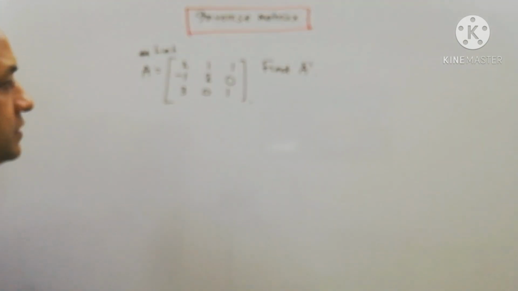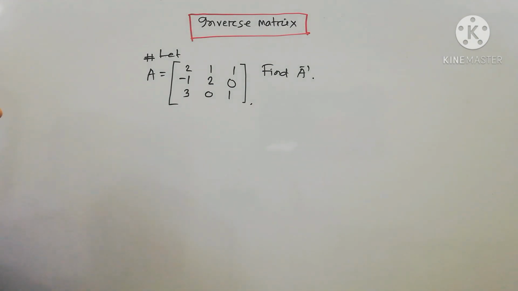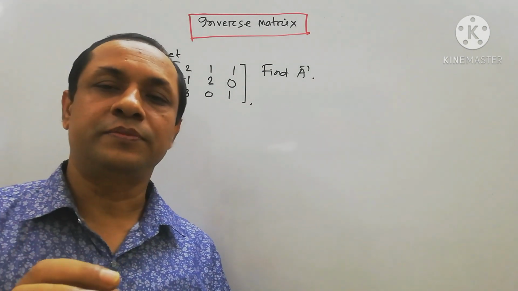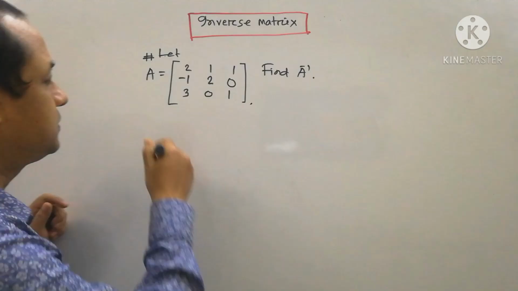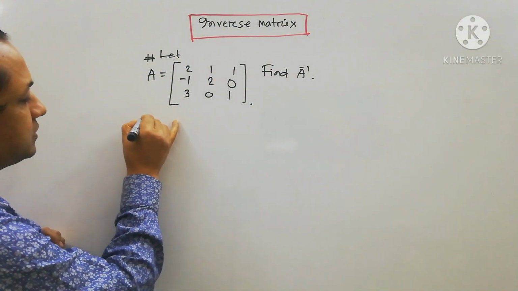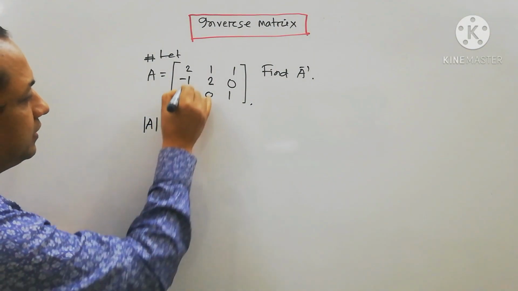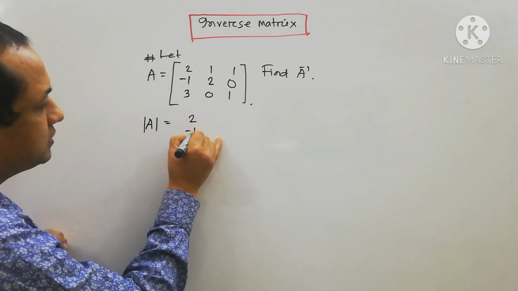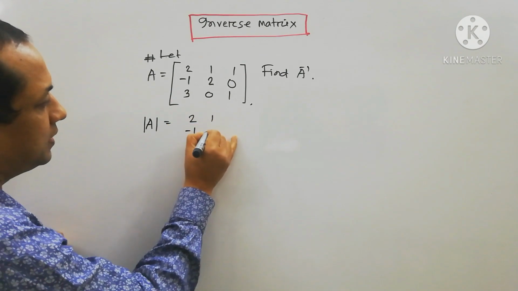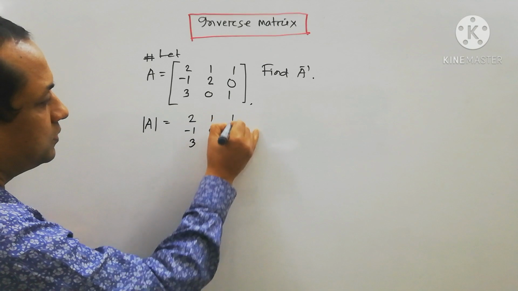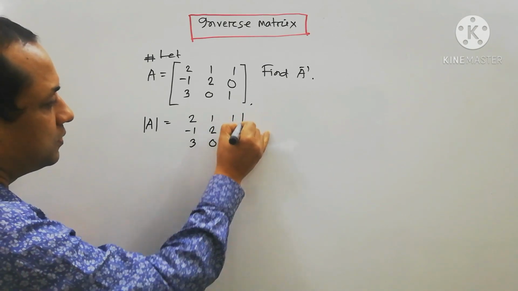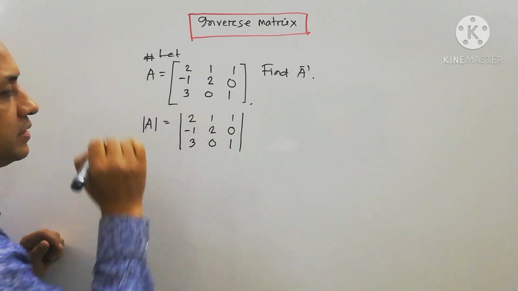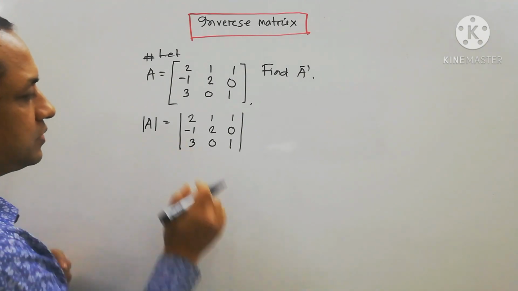Find A inverse. So students, now find the determinant of A. Here determinant of A equals the determinant of 2, minus 1, 3; 1, 2, 0; 1, 0, 1. Then find the value of the determinant of A.